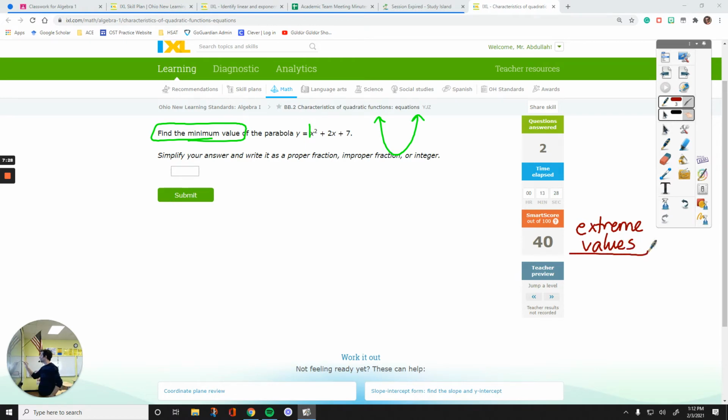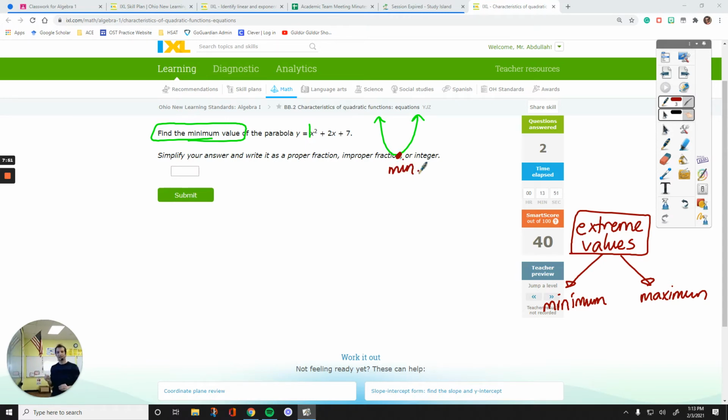If you see this expression in some other resources, that means they're talking about minimum or maximum, depending on the orientation of your graph. If your graph is upward like this, it's going to have a minimum.